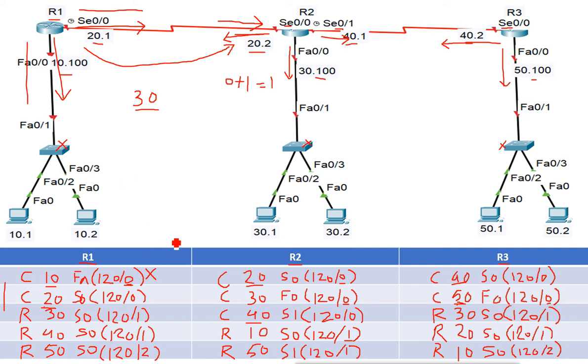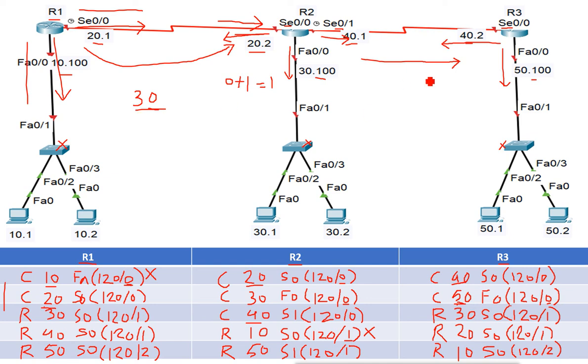Now the problem comes when this router sends the information to router 2. Router 2 says okay, the information says that network 10 is gone, so it removes the network from the routing table. Now again, because of the 30-second timer, it will not inform router 3 until the timer expires.